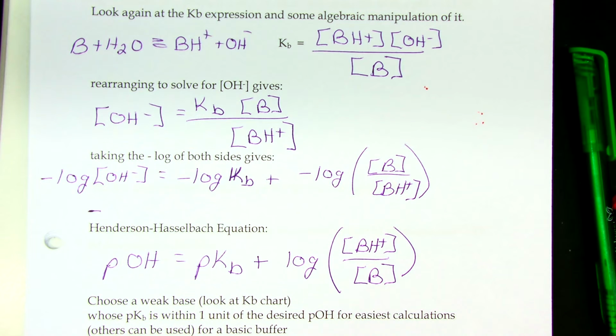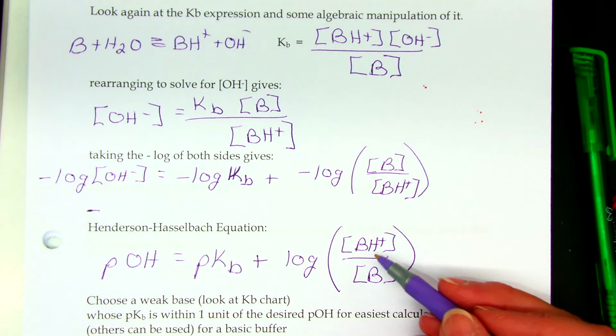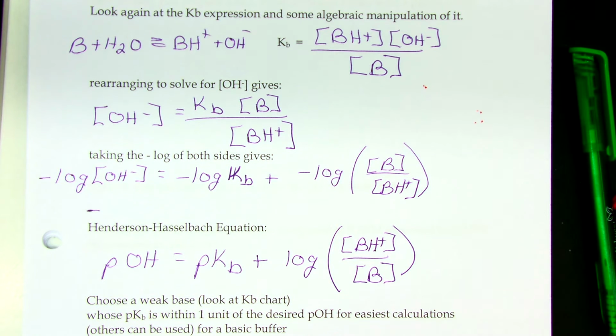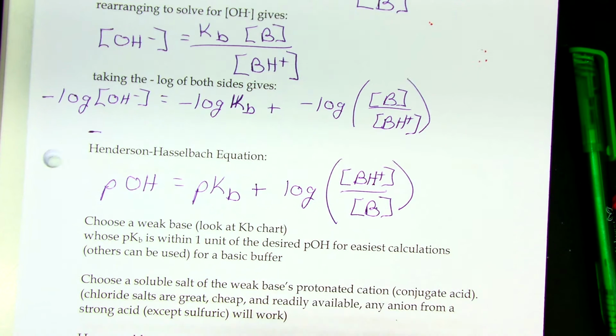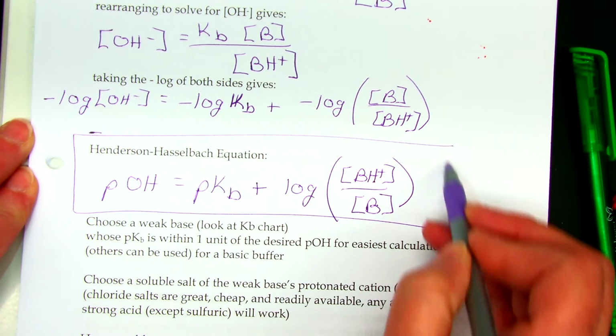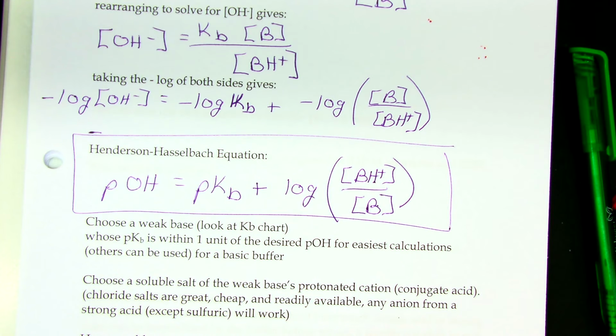Instead of plus the negative log, I just have plus the log. By taking the log rather than the negative log, I flip these two concentrations upside down, and now they're in the same order they always are, products over reactants. And I think it makes sense to think of it that way. So this is the basic form of the Henderson-Hasselbalch equation.